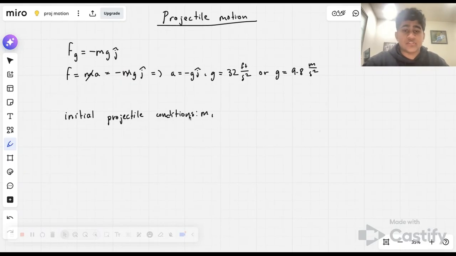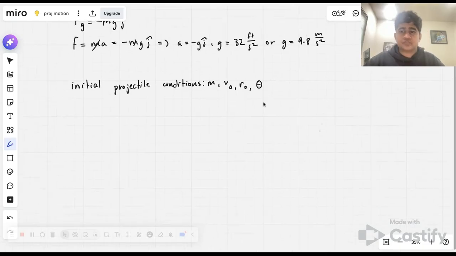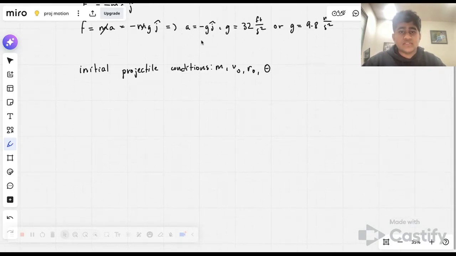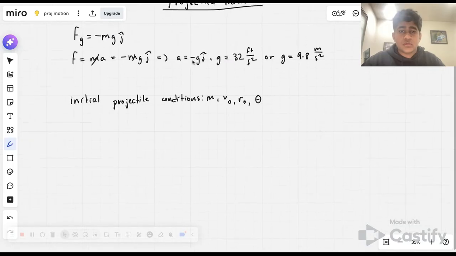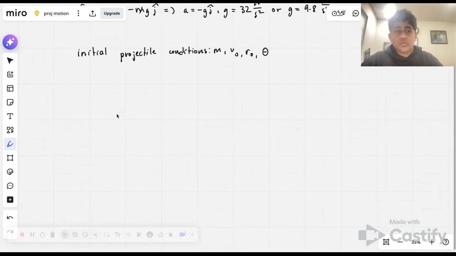We can say it has an initial velocity v0, some initial position above the ground, which we'll write as r0, and I'm launching it at some angle theta. We know that a is equal to negative g with a j component. So now let's simply derive the velocity of the projectile.